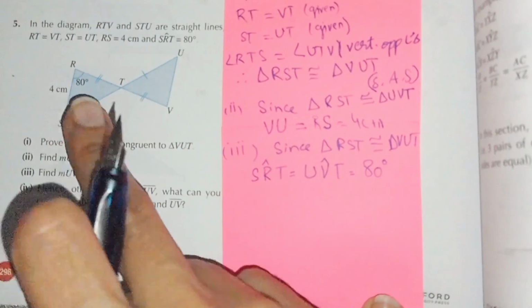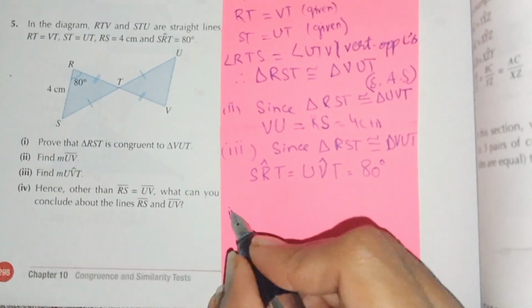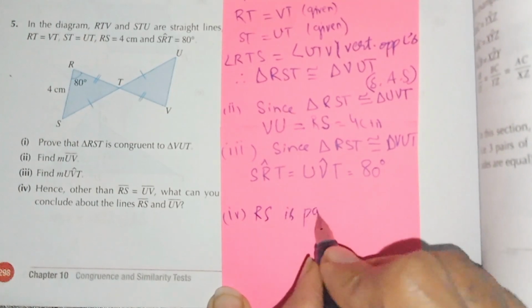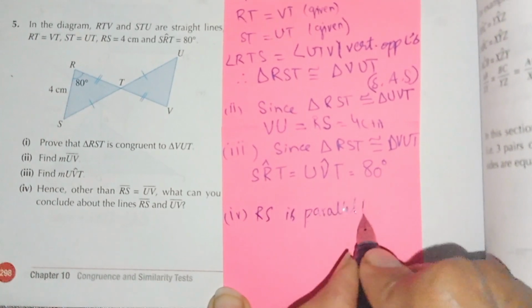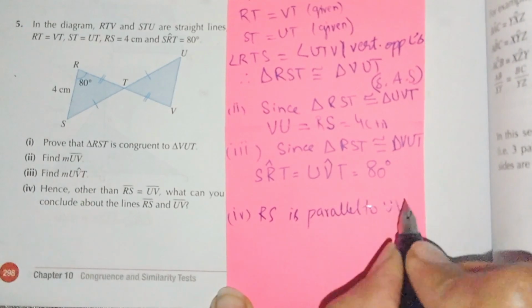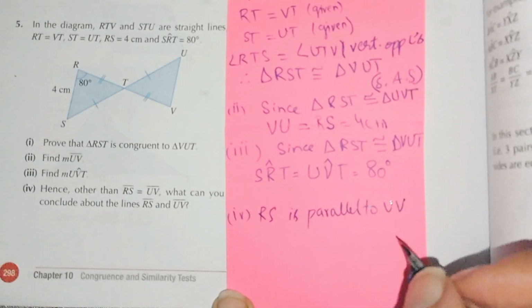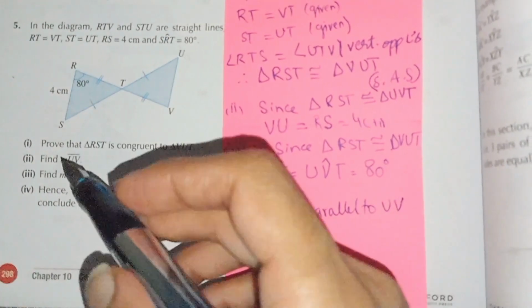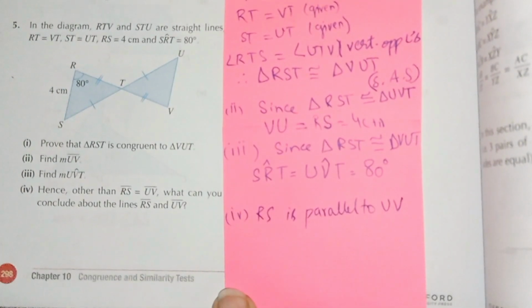We can see easily that RS is parallel to UV. And now students, that is what we conclude from these lines. And now the question number 5 is solved.